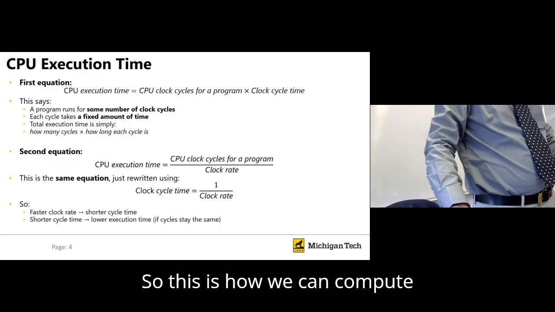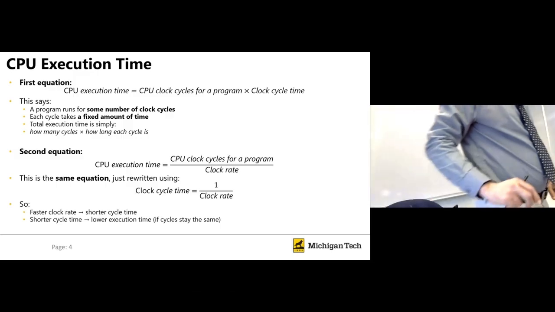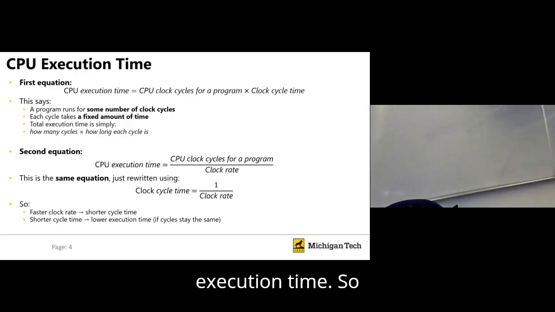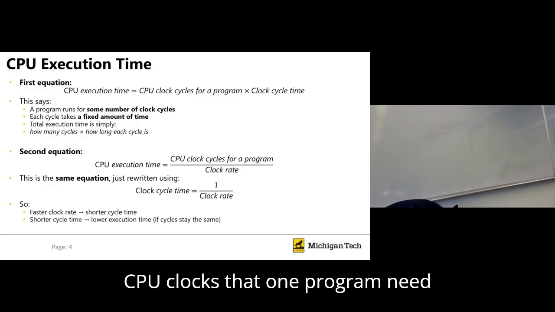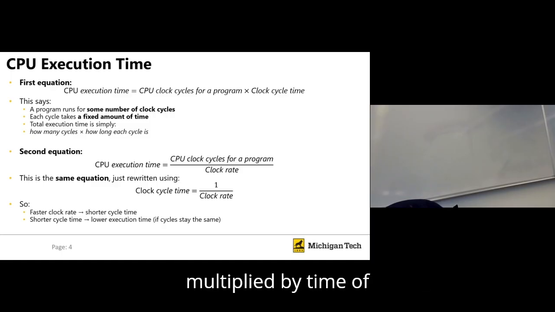So this is how we can compute execution time: CPU clocks that one program needs multiplied by the time of each cycle, or divided by clock rate.